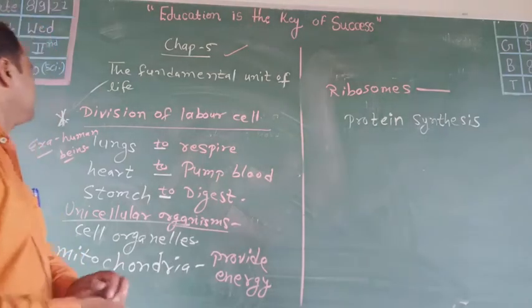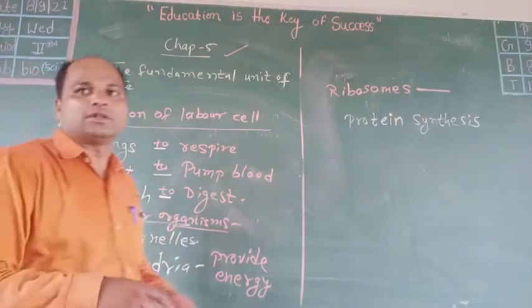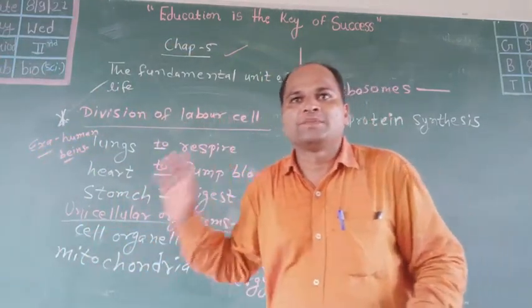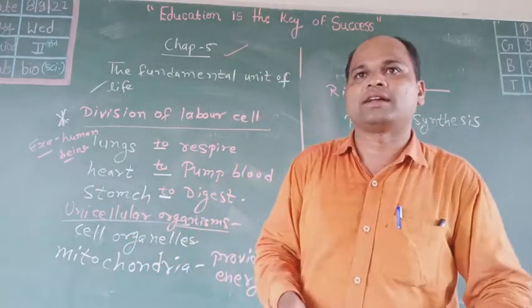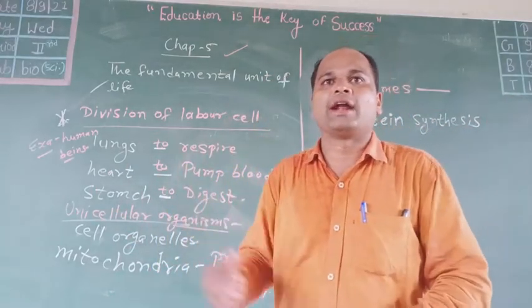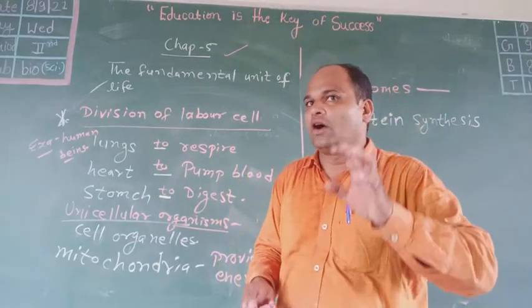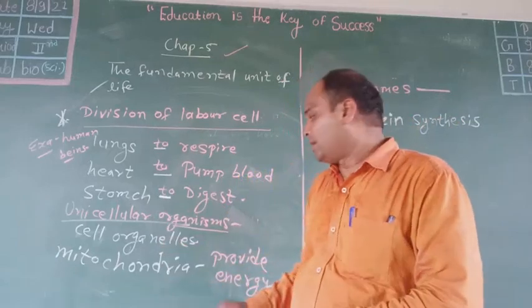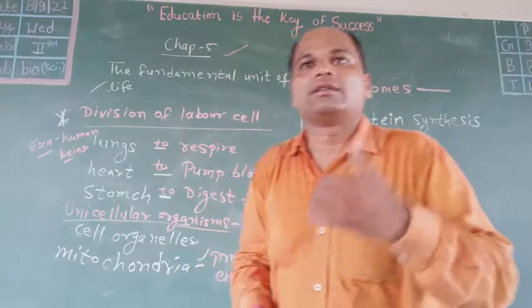So, dear students, what about the unicellular organism? Similarly, unicellular organisms have special components within them to perform various functions. These components within the cells are called cell organelles, such as mitochondria and ribosomes.